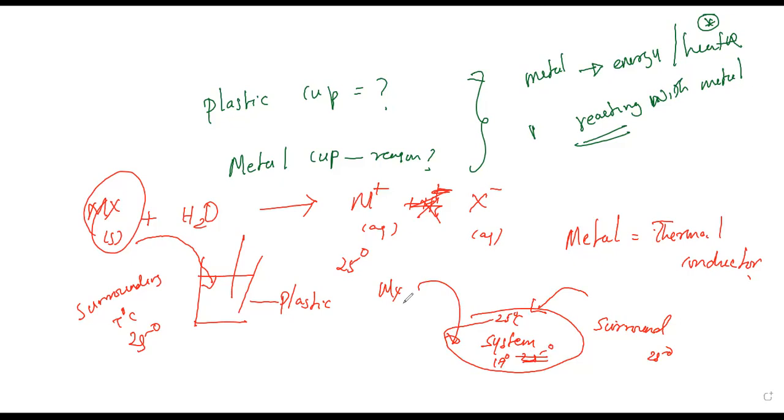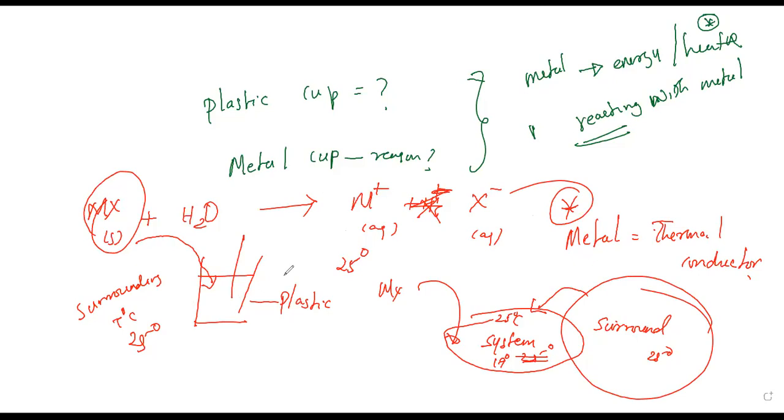The metal is a good thermal conductor, but here the question is about the dissolution of the MX. We have to read the correct temperature of what is inside the system, not influenced by the surrounding. If you use the plastic cup, it never absorbs the temperature from the surrounding.